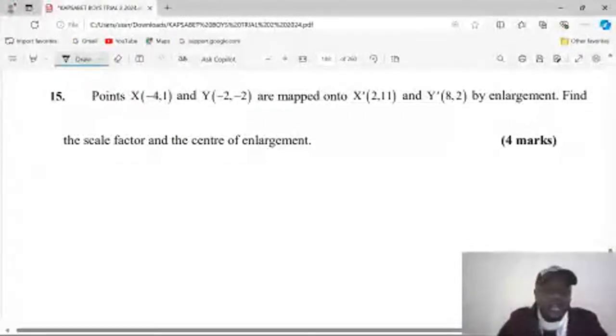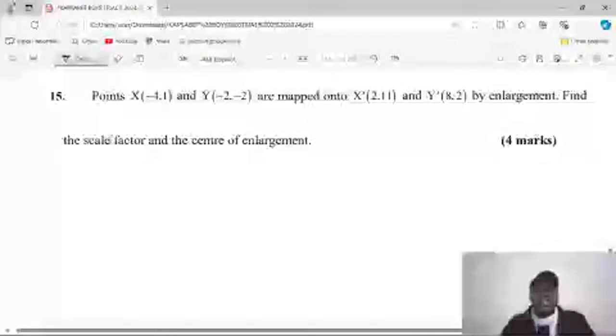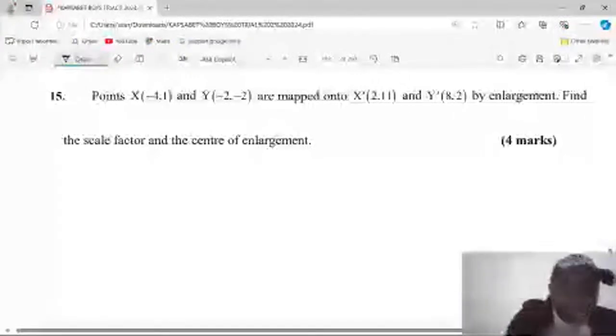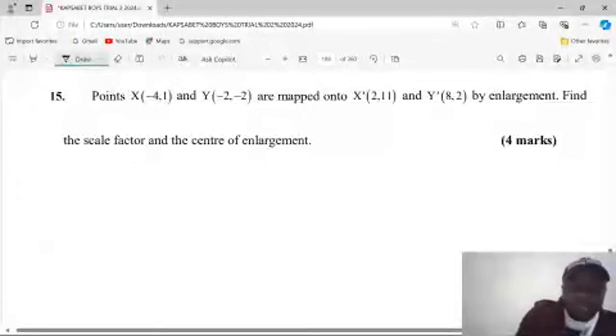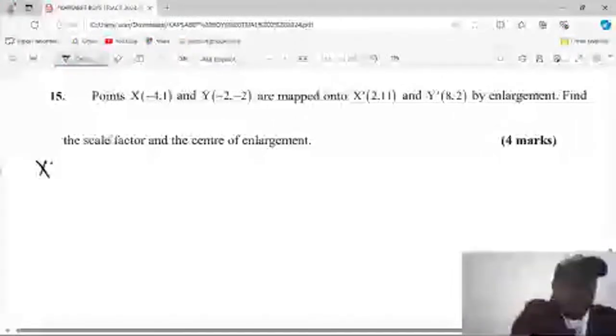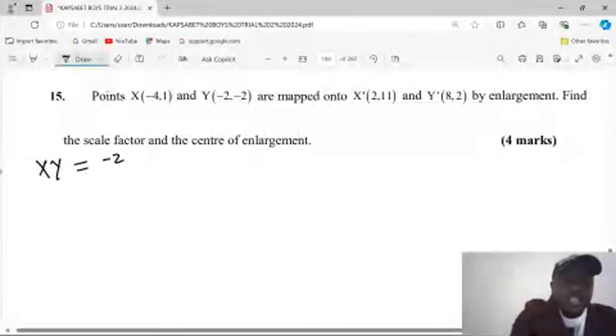We can take vector XY as our object, which is then mapped onto X'Y'. Let's take the vector, or the displacement, XY.